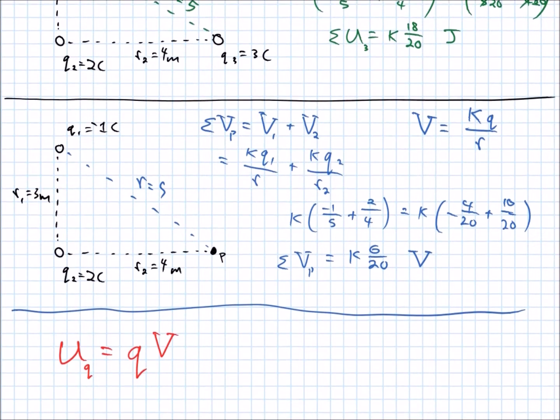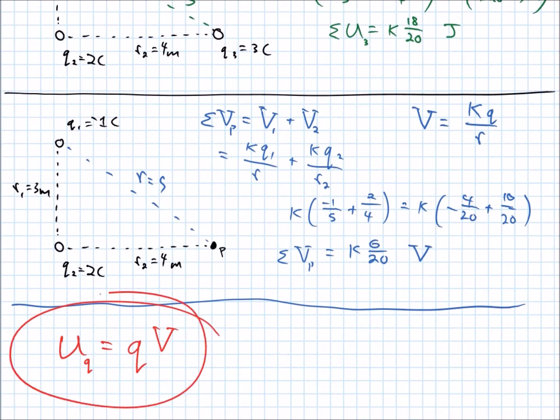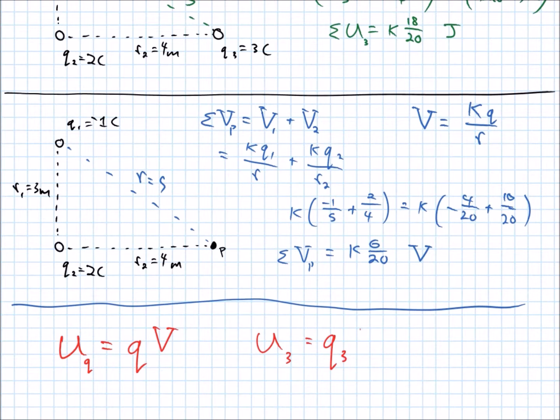We could have just done this once and then used this red equation to calculate the other one. So let's see if that works. We're talking about this Q3 at point P. So apparently the energy of 3 is equal to its charge times the potential at the point where it is, which is this V_P. Well, let's see if that's true.